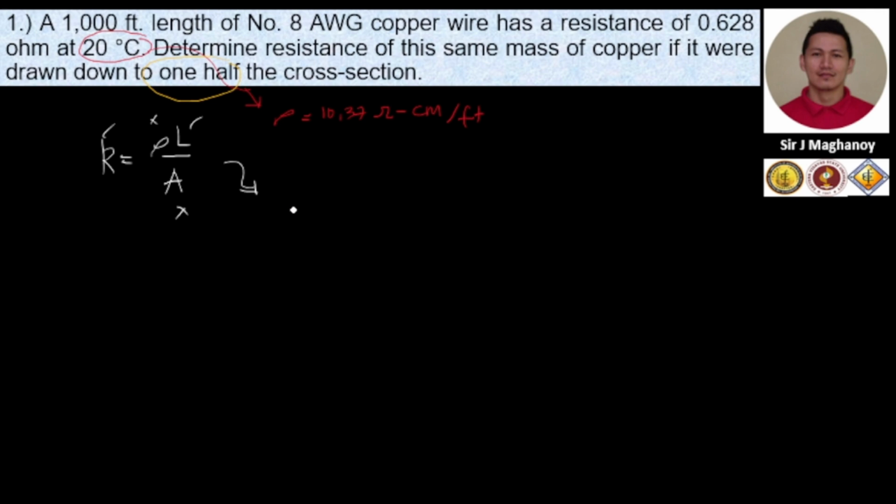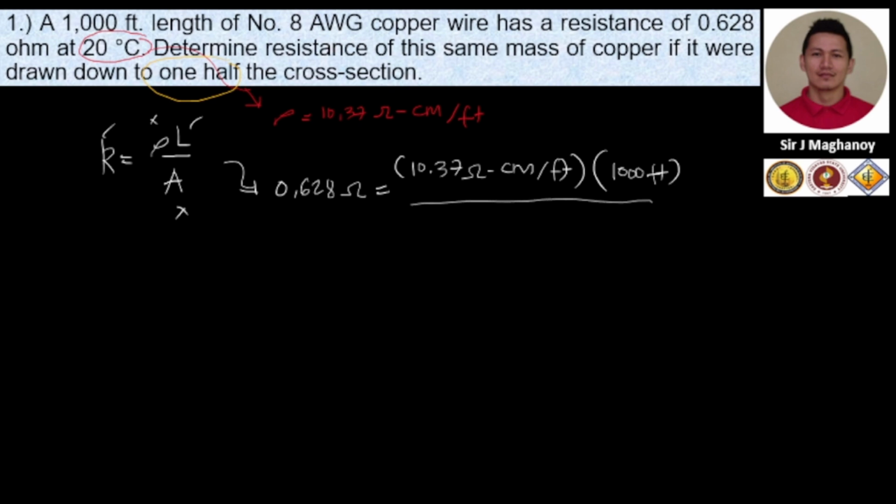Okay. So what is our resistance? That is 0.628 ohms is equal to our resistivity, which is 10.37 ohm circular mil per foot, times 1,000 feet length, all over the cross-sectional area which has been drawn down to one half, so that is 0.5, then our cross-sectional area.